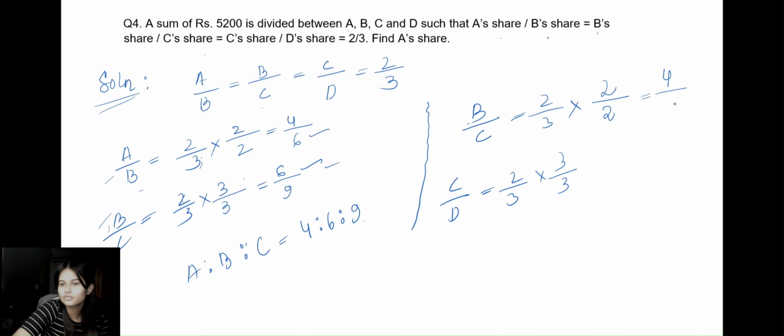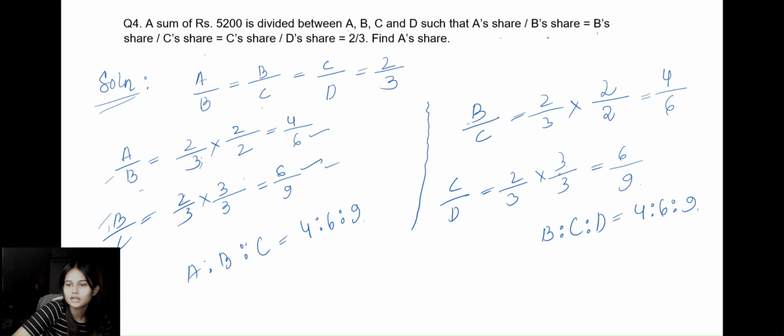Then we'll get 4 by 6 and we'll get 6 by 9. Therefore, we are getting B colon C colon D as 4 colon 6 colon 9. So what we did, we are matching the variables that are included in both. Only that way we can have the proper proportions.